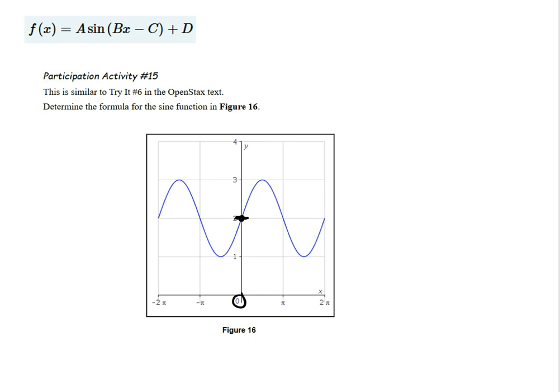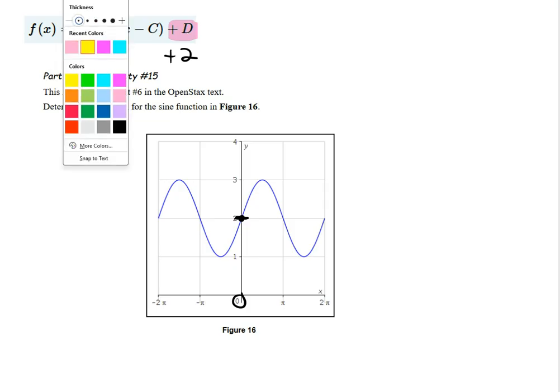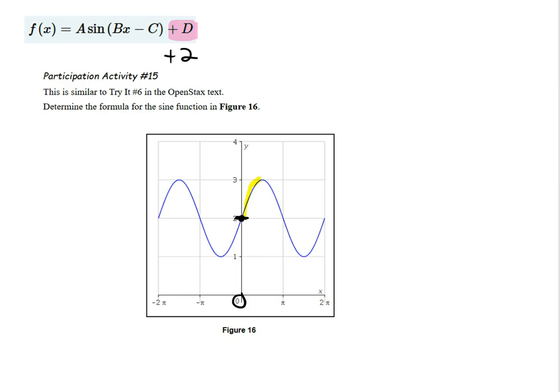So this thing has gone up 2 units. It has shifted plus 2. However, when you look at the graph itself, it goes only from 2 to 3, then comes back down 1, back up 1. The amplitude right here is still just a 1.